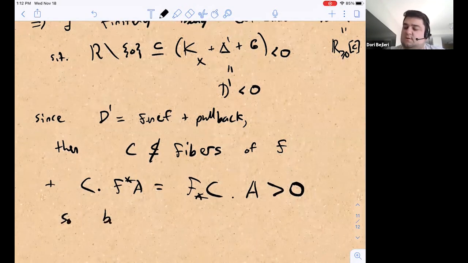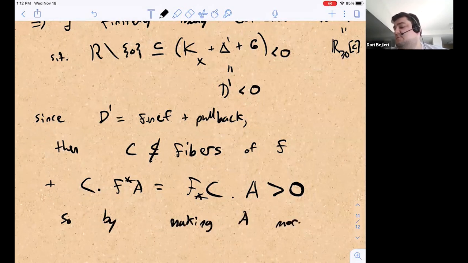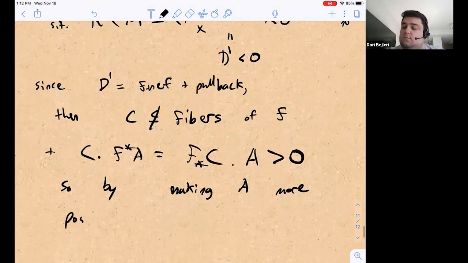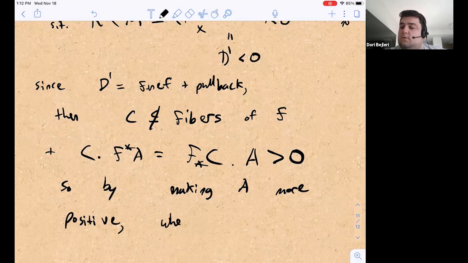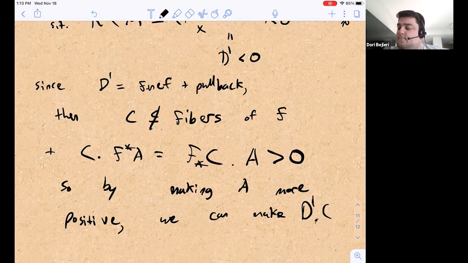So by making A more positive, we can make D prime dot C greater than or equal to 0, because the D part is fixed.